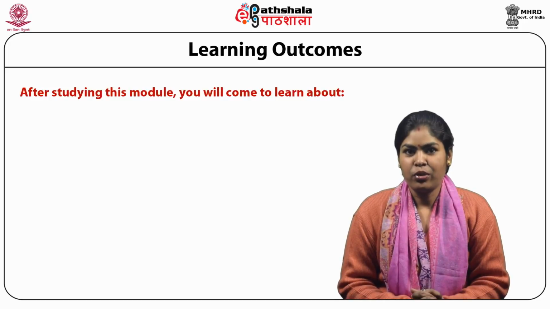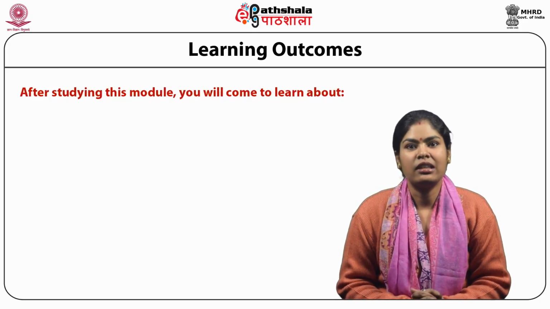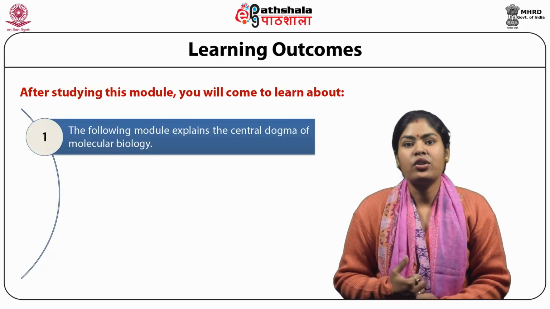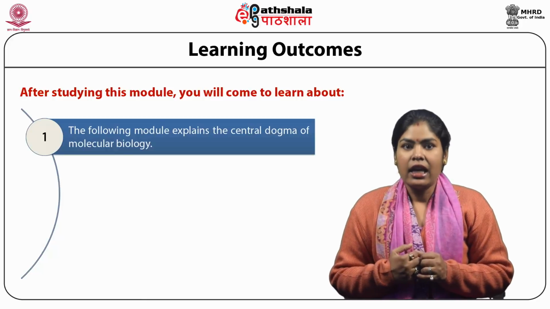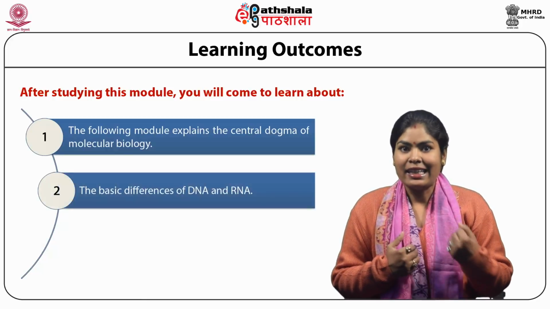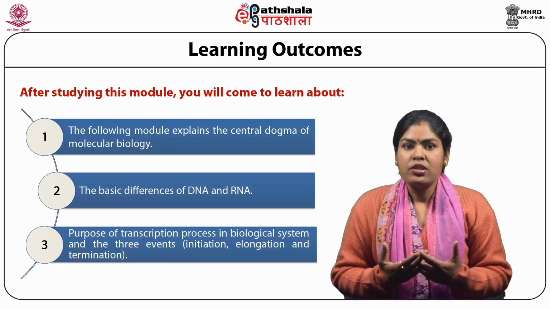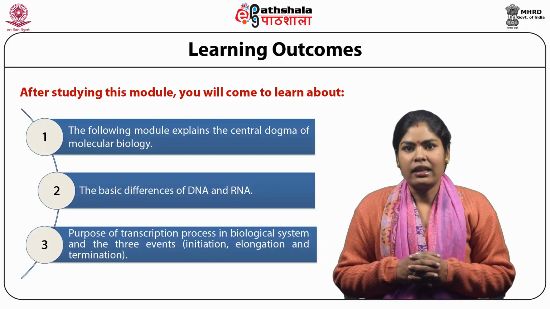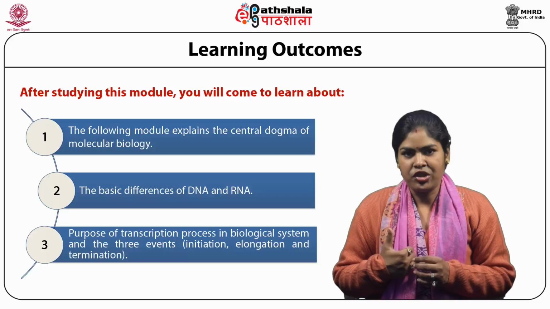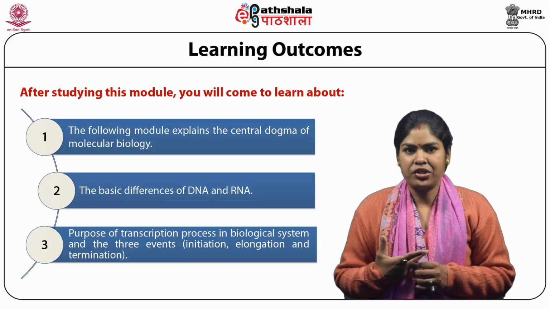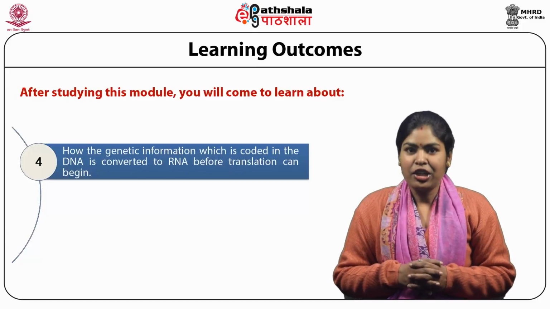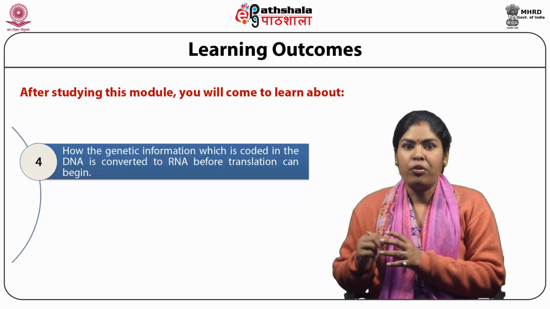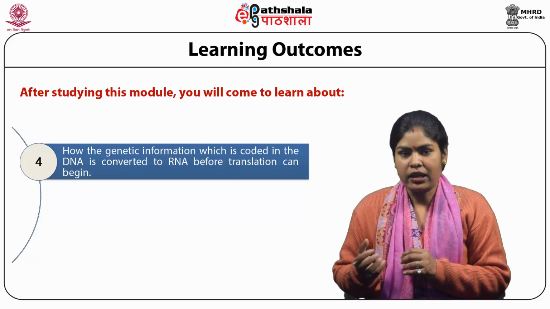After studying this module, you will come to learn about the central dogma of molecular biology, the basic differences between DNA and RNA, the purpose of the transcription process in biological systems, and the three events: initiation, elongation and termination. How the genetic information coded in the DNA is converted to RNA before translation can begin.